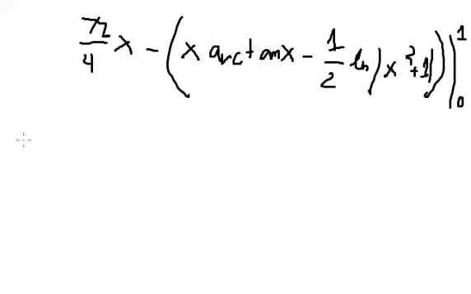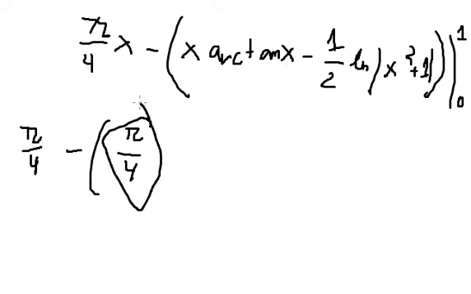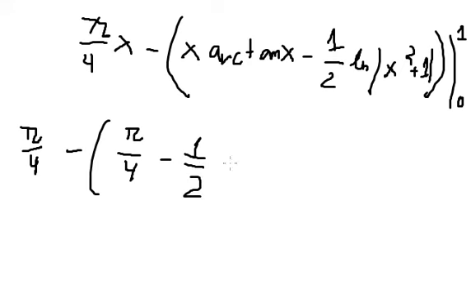So we calculate and you have π/4 minus, open the parenthesis, π/4, because arctan of 1 is π/4, and this one you get 1, so we just have π/4 in here, minus negative 1 over 2 ln of 2, minus, if we put 0 in here, everything equals 0.